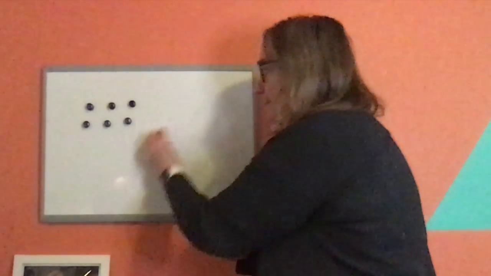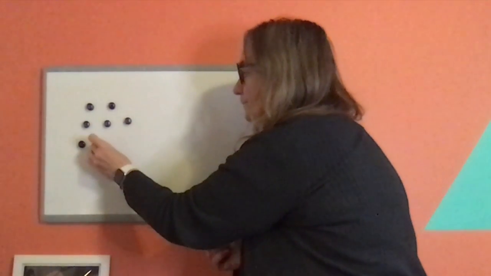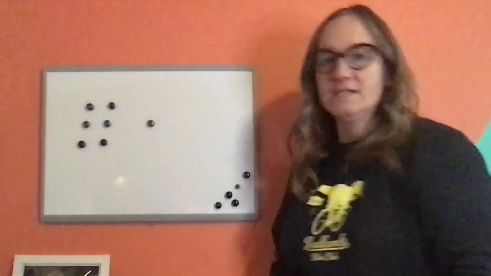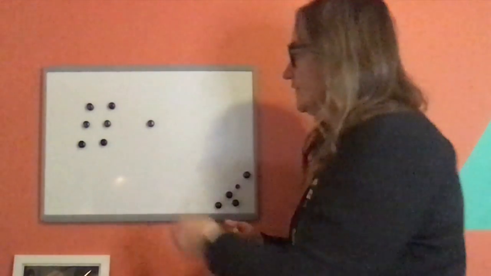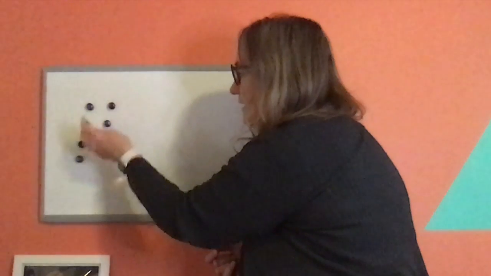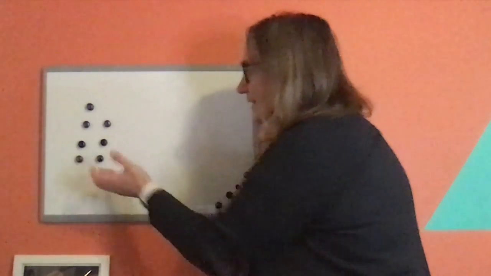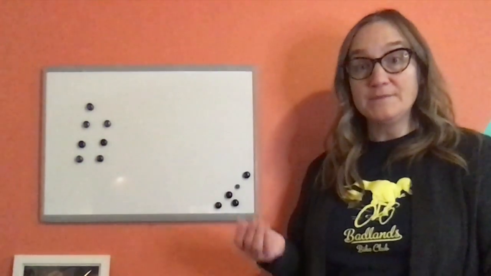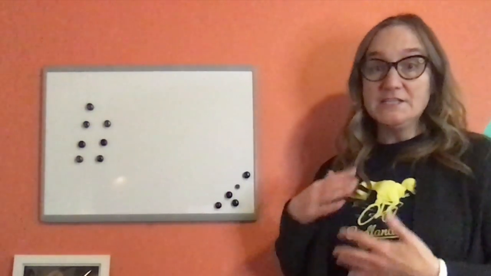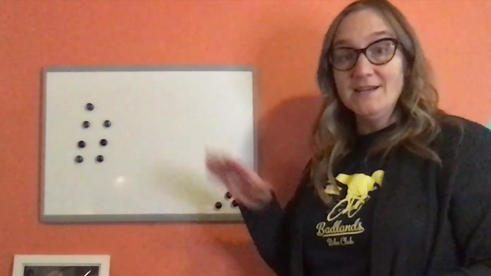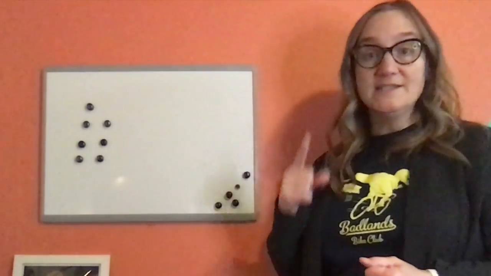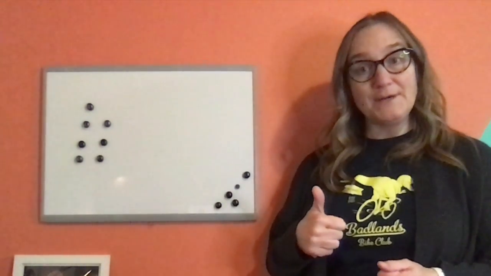Let's try 3. And I'm in the same boat there. 1 is left over. If I try 4, well, yeah, then I end up in the same problem. So the only way to make an array with 7 counters is 1 and 7. So we can say 7 is definitely a prime number.